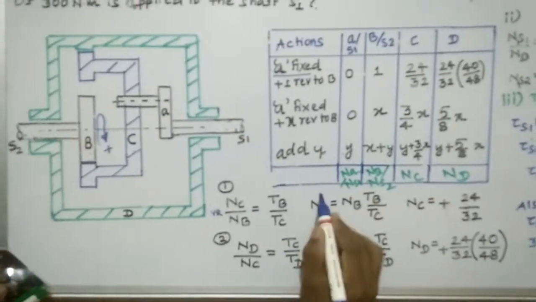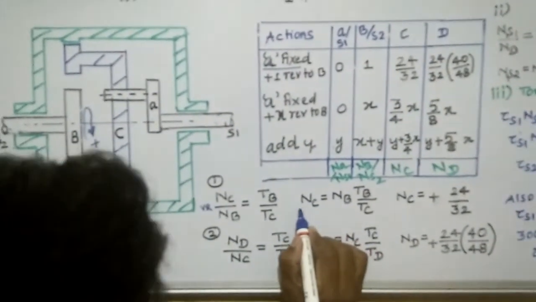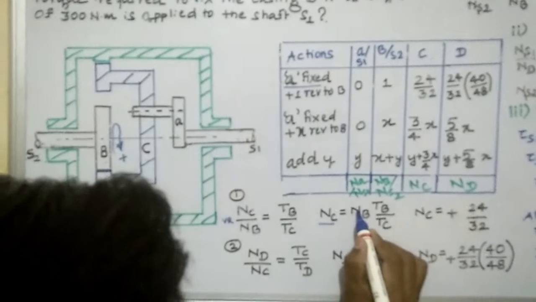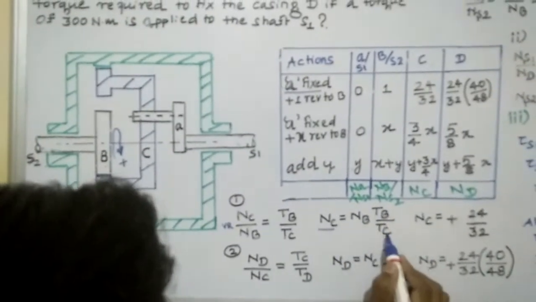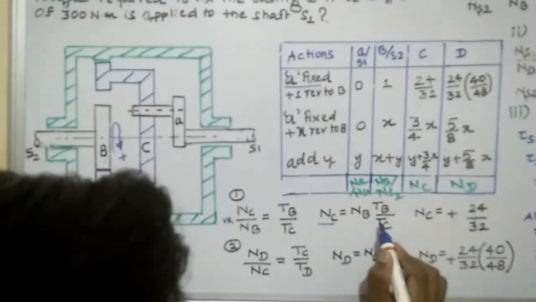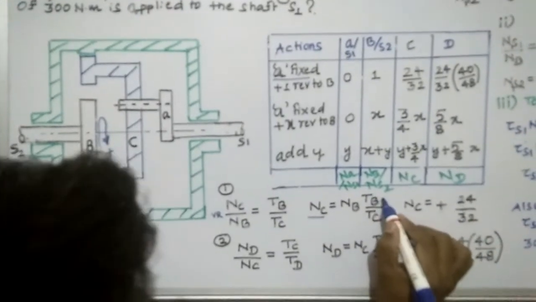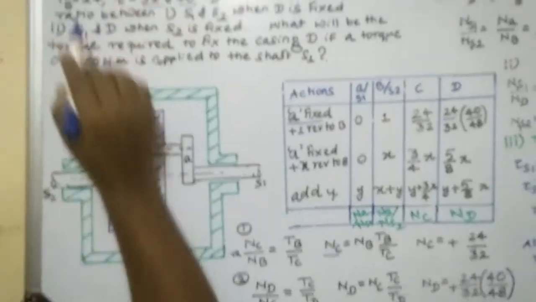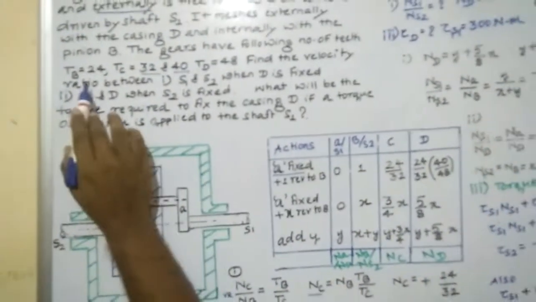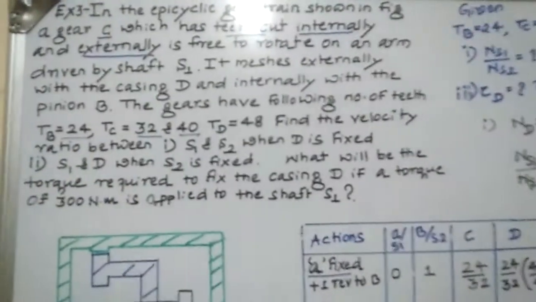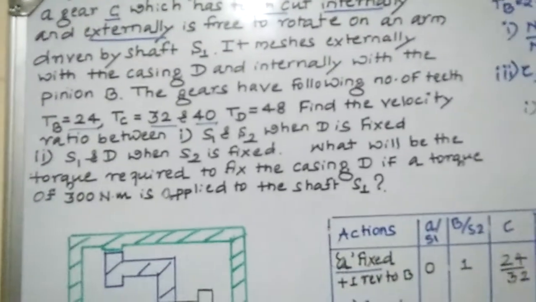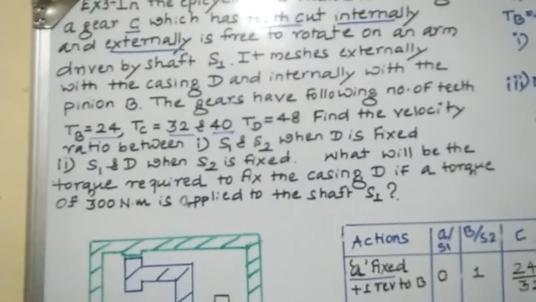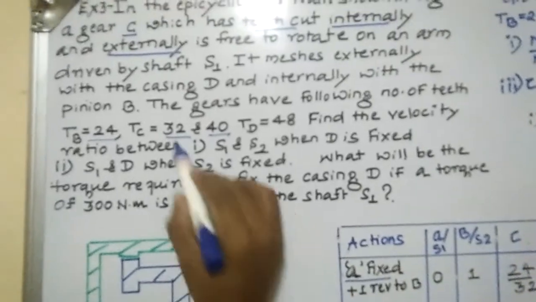Then I keep NC in the form NC equals NB into TB divided by TC. I have taken the number of teeth directly. TB is given as 24. Then TC is 32.